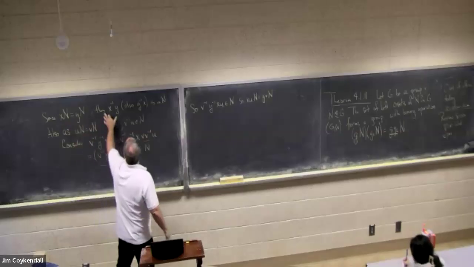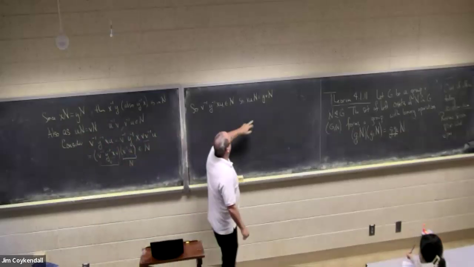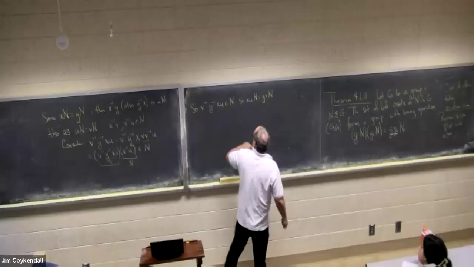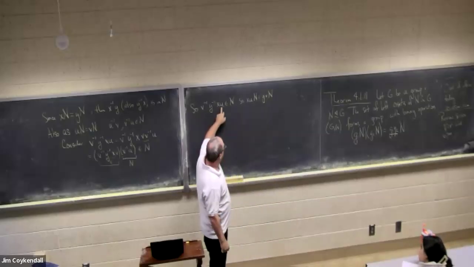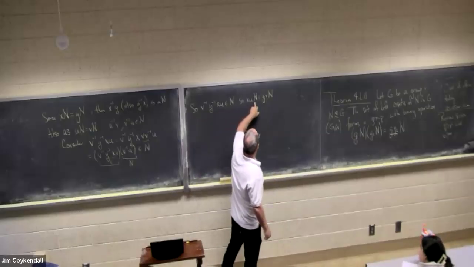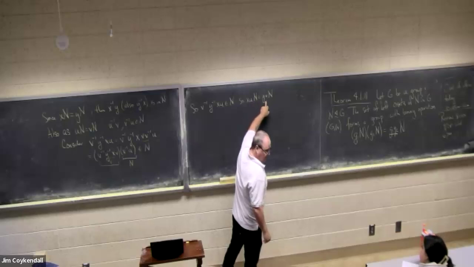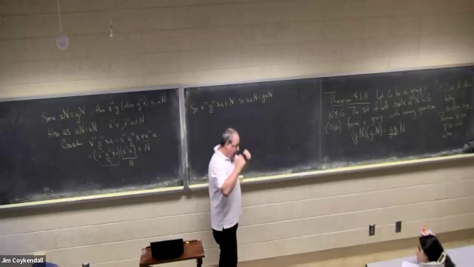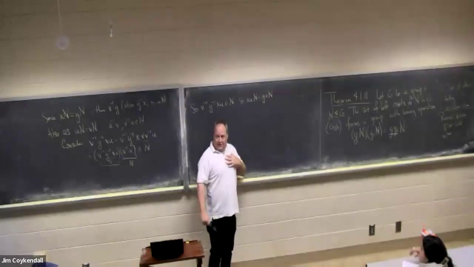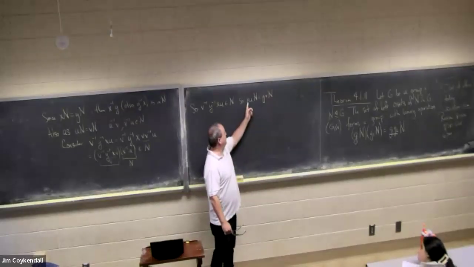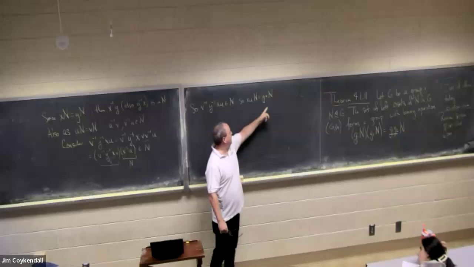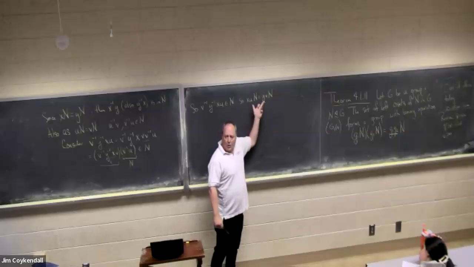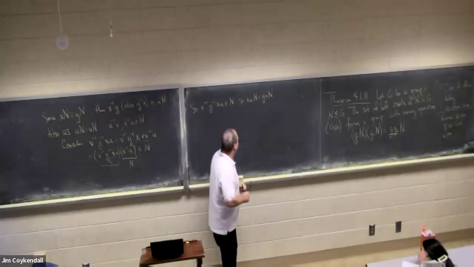The cosets are the same if and only if the inverse of this times this is in N. So since this is in N, that means that the coset xN is equal to the coset yN. So it doesn't make a difference if I make my choices of fixing x and u as represented, and you pick y and v, we get the same answer.